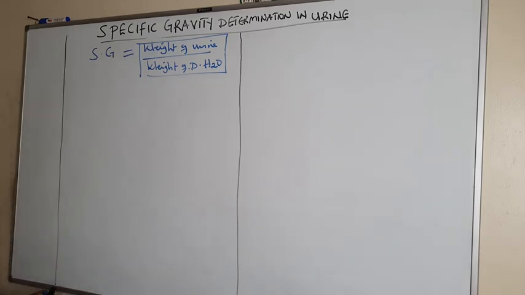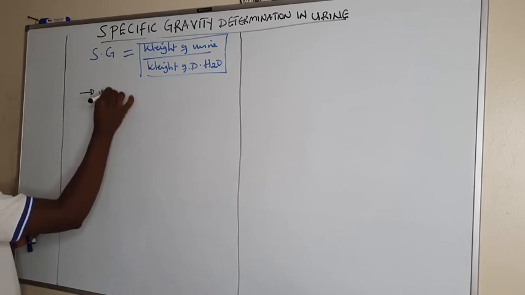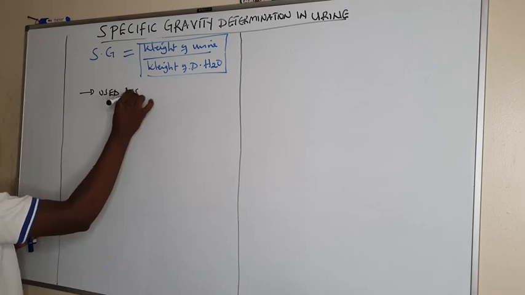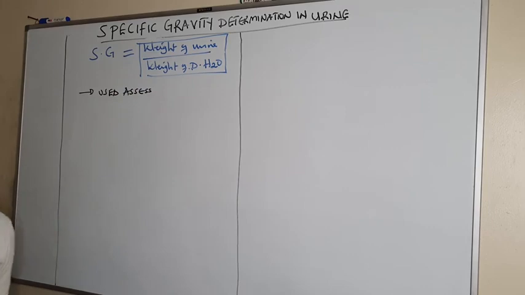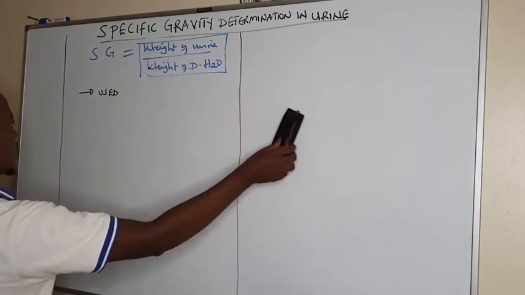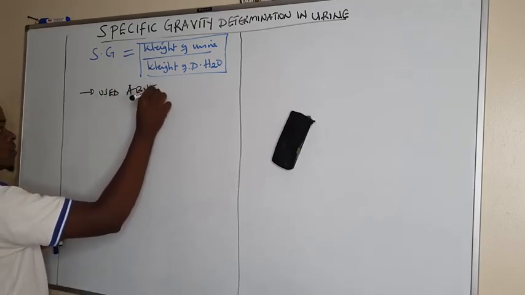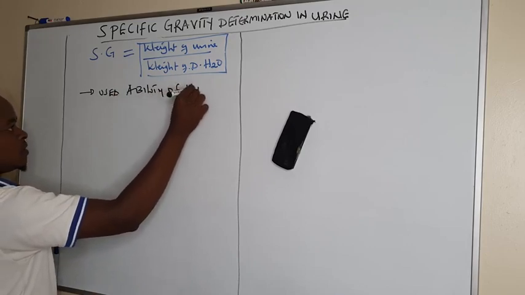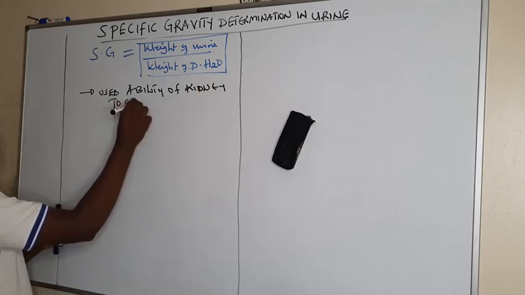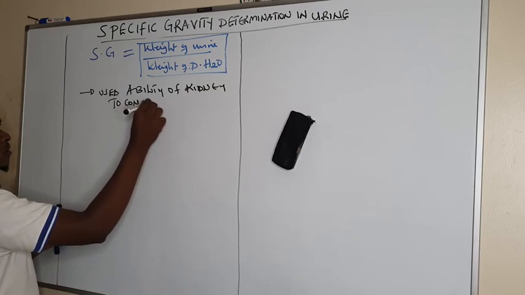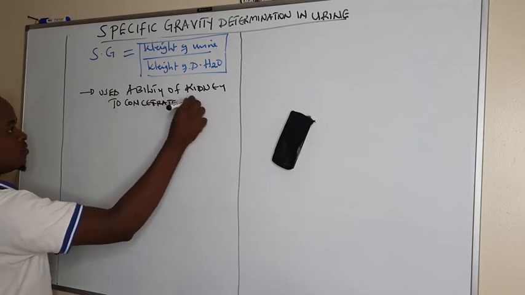And this specific gravity we are talking about in this session is used to assess the ability of the kidney to concentrate or dilute urine.